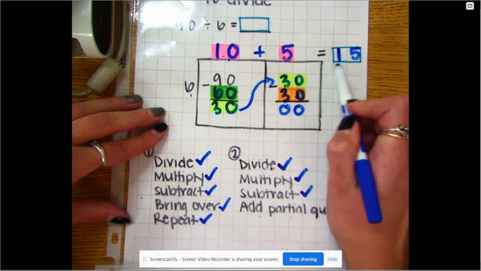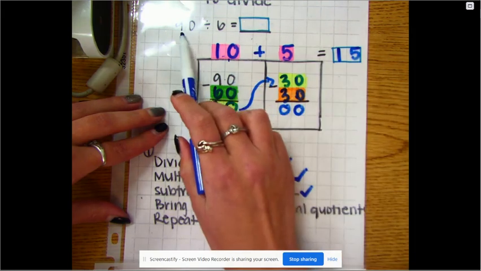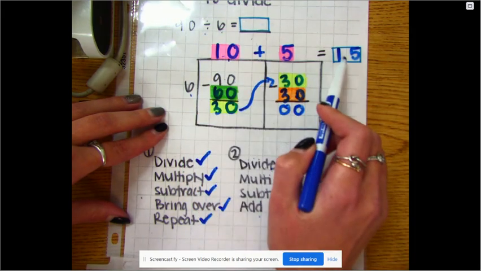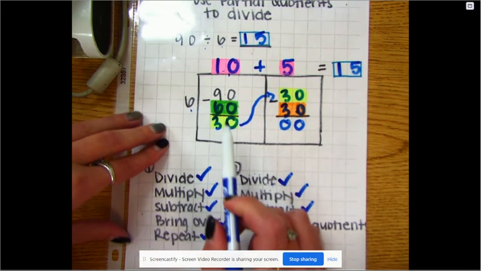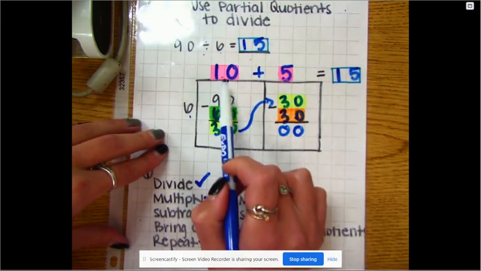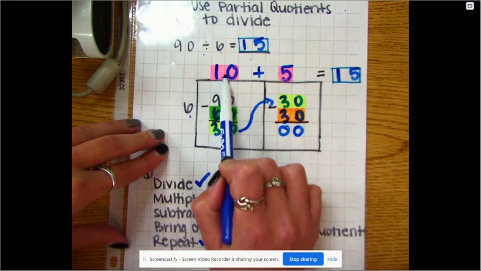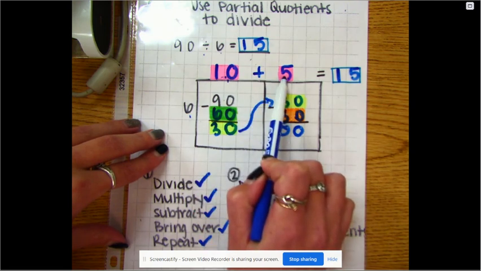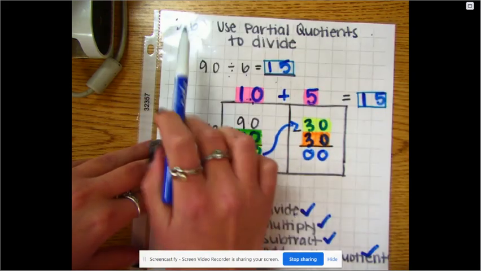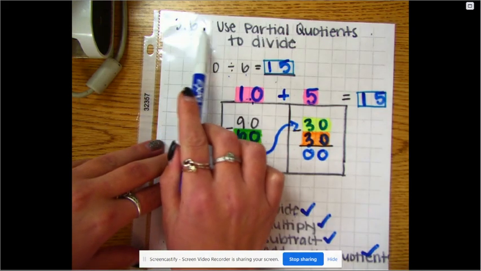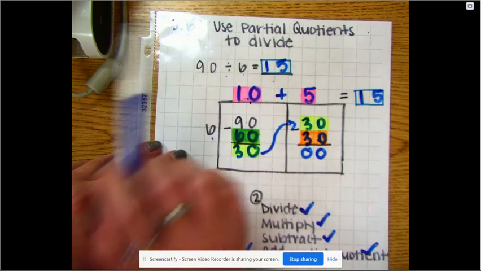My whole quotient for 90 divided by 6 is 15. My partial quotients that got me that total were 10 and 5. This was lesson 5.6, use partial quotients to divide.